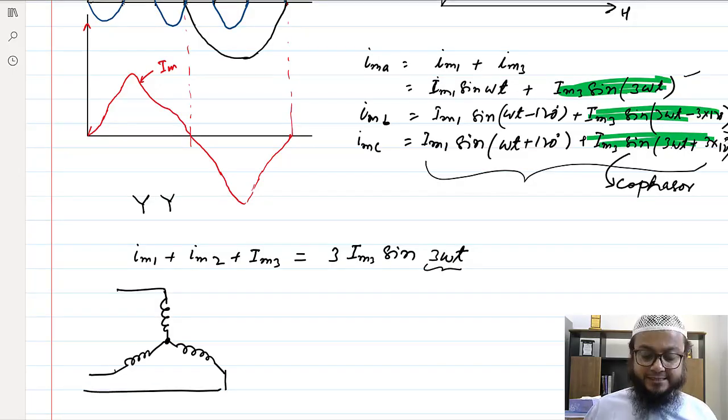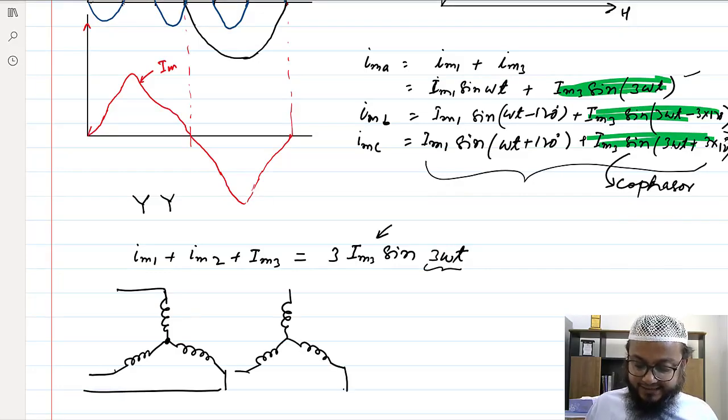If this is only star, neutral open means it has not been grounded, then this current cannot flow at the node, because at this node the sum of these three currents should be 0. That's why in a star-star connected transformer, the magnetizing current is perfectly sinusoidal for each phase. And if it is perfectly sinusoidal, then the third harmonic in the current is 0.